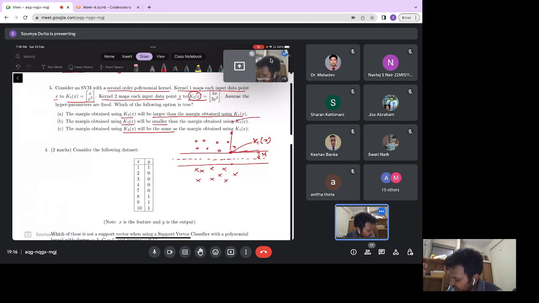Therefore the margin also will be much larger. It might not be exactly 3 times because of other ways in which the margin is calculated, but it will be larger than the margin obtained by k1(x), right? So the first option would be the correct one.